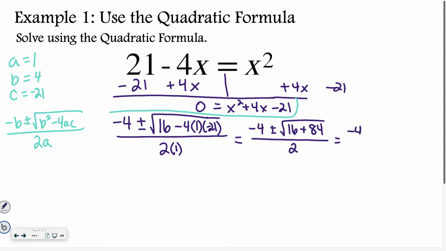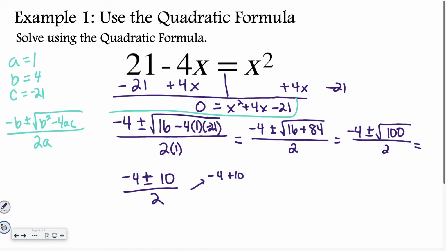So negative 4 plus or minus the square root of 16 plus 84 is 100, all over 2. And if I keep going, I have negative 4 plus or minus the square root of 100 works out to be a nice number. It's 10, all divided by 2. So then my first answer is going to be negative 4 plus 10 divided by 2.